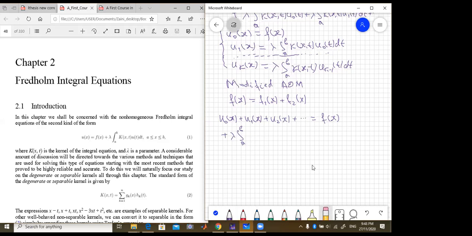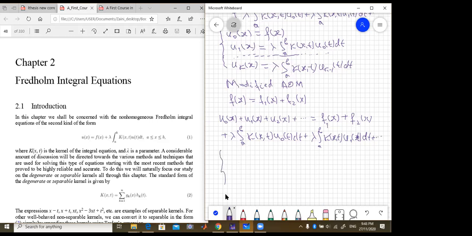Here f1 of x plus f2 of x, because the function is divided into 2. So k(x,t) u0 of t dt plus lambda from a to b k(x,t). Because of linearity here, we have very simple, u1 of t dt plus and so on.